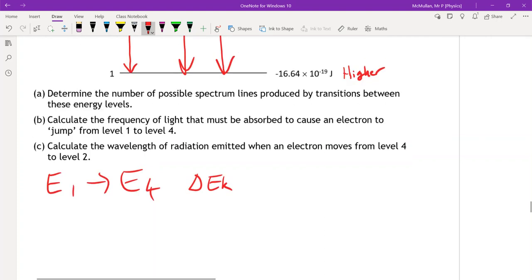That's part A, the ones we've drawn up. What is it? 16.64.